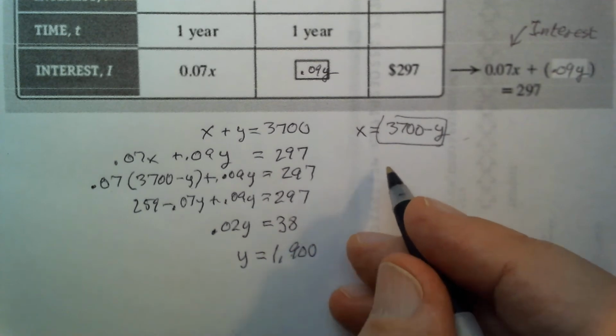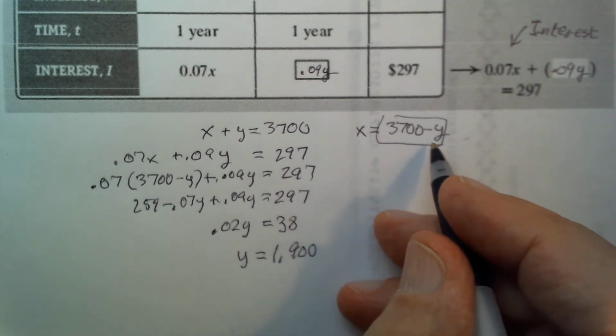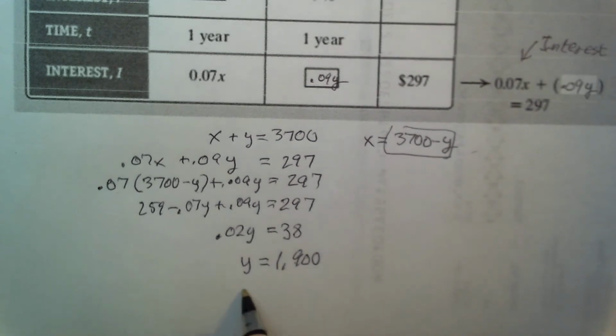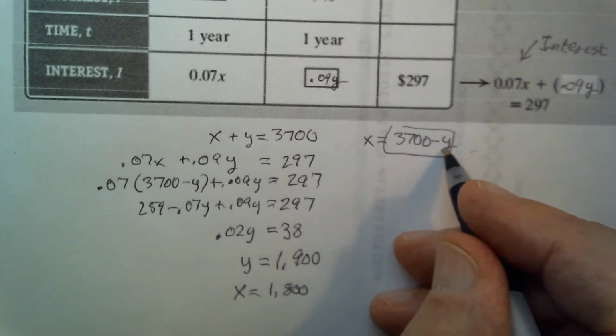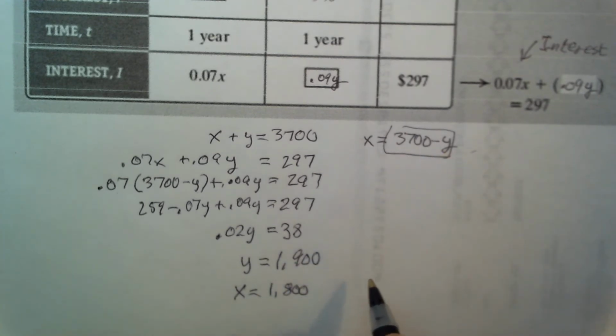And since x is equal to 3,700 minus y, then x is equal to 3,700 minus 1,900, which is 1,800.